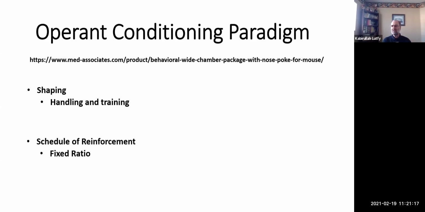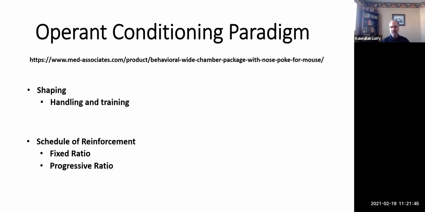You might have seen fixed ratio 1, fixed ratio 5. If it's fixed ratio 1, that means one lever press is associated with one reward. If it is FR5, then the mouse has to press 5 times consecutively in order to receive one reward.